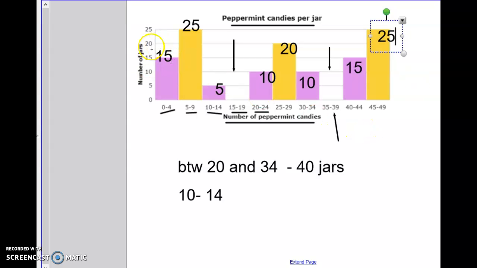So if I said how many total jars had candy in them, then you would have to add up all of the frequencies. I'm not going to add all these up, but you could add all of those frequencies and that would give you the total number of jars.